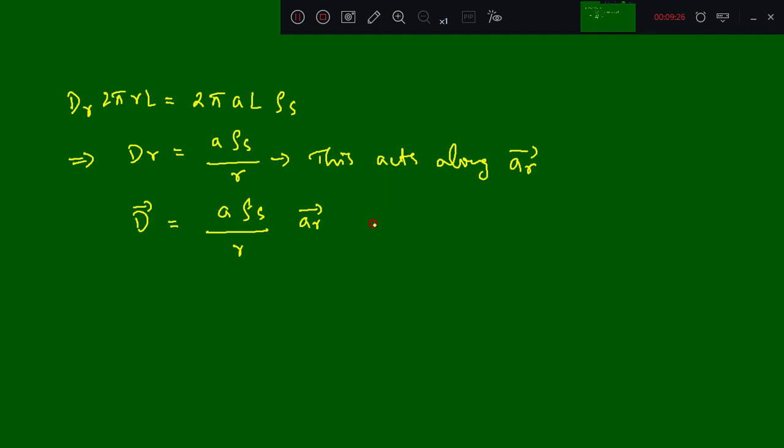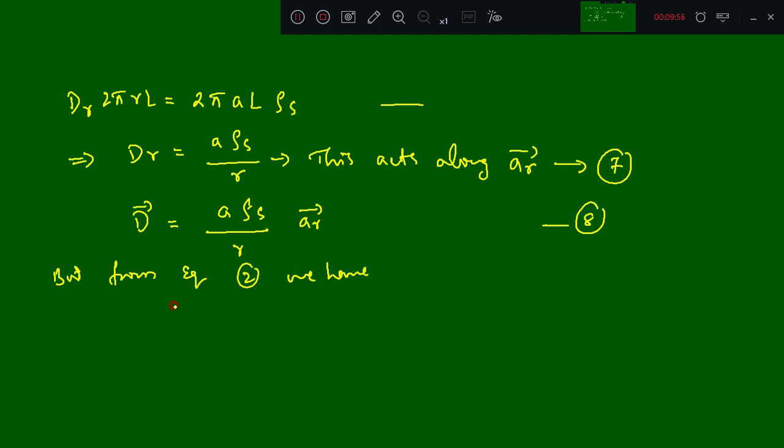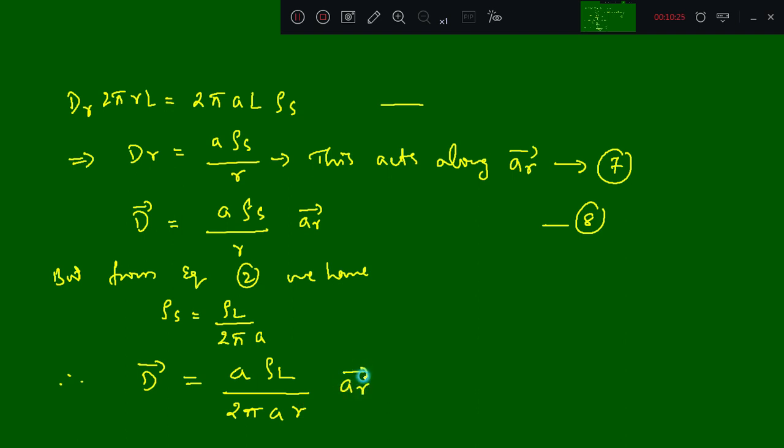Call these equations 7 and 8. Then from equation number 2 we have rho s equal to rho L upon 2 pi A. Therefore D is A into rho L divided by 2 pi A r along the direction of a r.